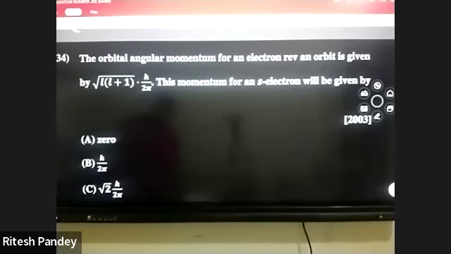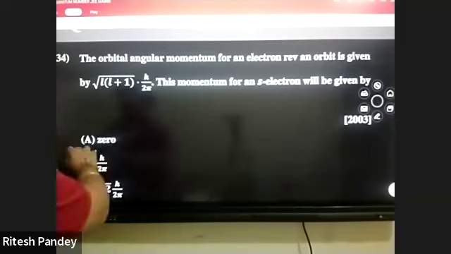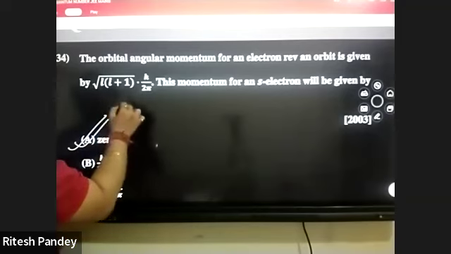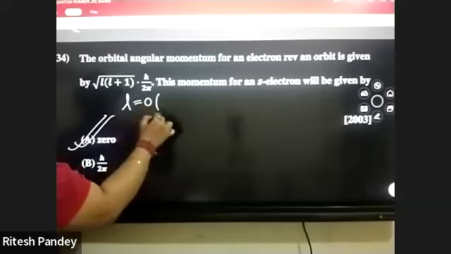Zero. Last but not the least, 0 is the right answer for F subshell, L is equal to 0.